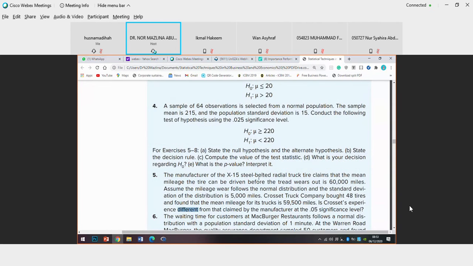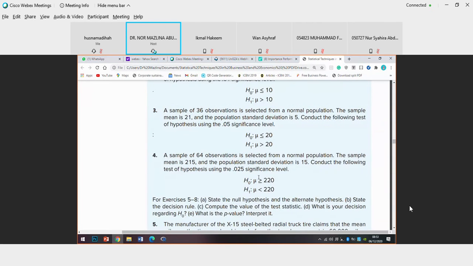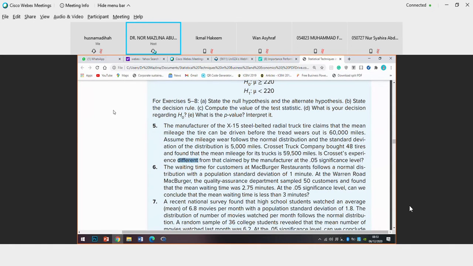Okay. Jadi awak akan buat H0 mu sama dengan 60,000 dan H1 mu is different from or not equal to 60,000. Okay, awak akan guna Z dan apa nilai Z yang awak dapat?